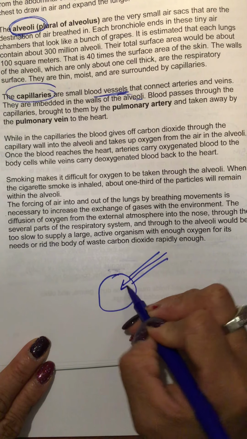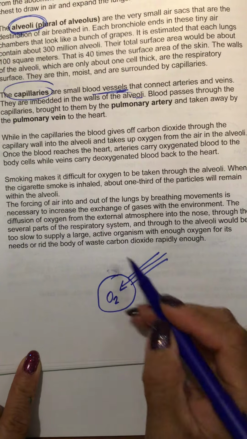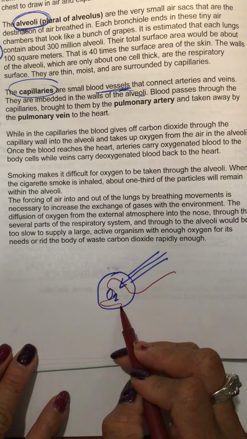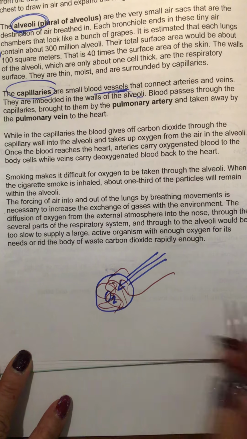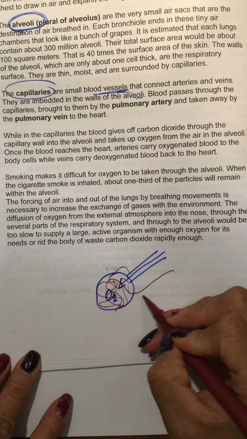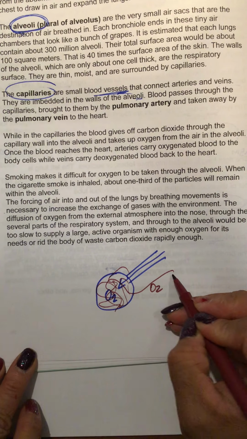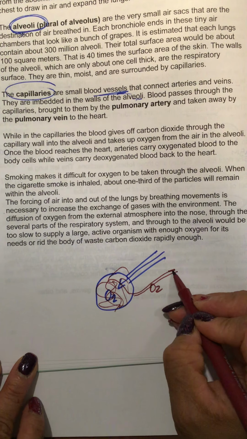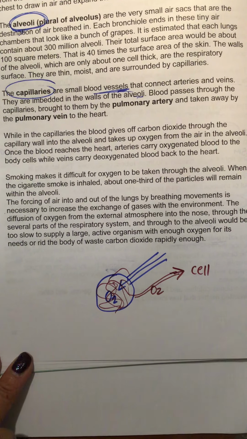Let's say the oxygen is brought in, so you breathe in the oxygen. This network of capillaries surrounding it are tubes, blood vessels, and these capillaries will collect the oxygen. The oxygen then goes through the capillaries into the arteries and is brought to the cell.